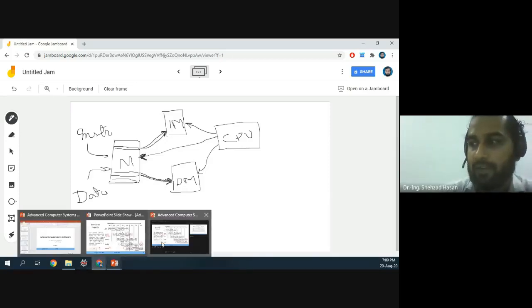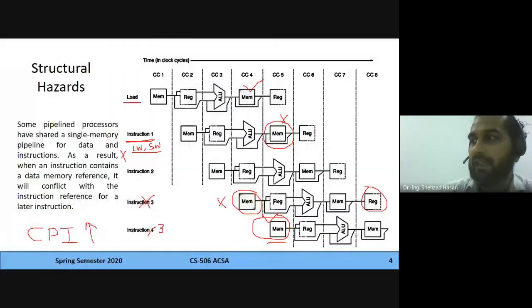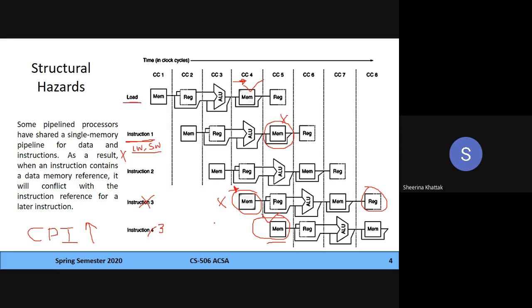So for example, in this particular case, if the CPU generates an address in cycle number 4, is this address for a load, or is this address for a fetch operation? The opcode will determine this.